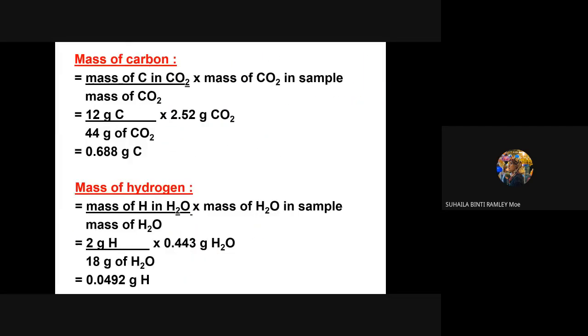So this one is to calculate the mass of carbon: 12 gram of carbon divided by 44. Here we have the mass of carbon. Same goes for hydrogen: mass of hydrogen in H2O, 2/18 times the mass of H2O. So we have the mass of hydrogen.